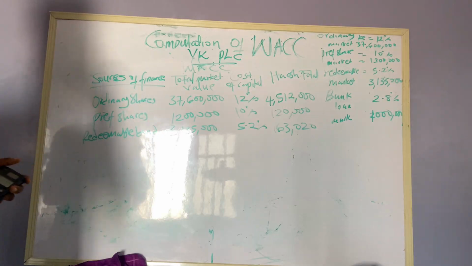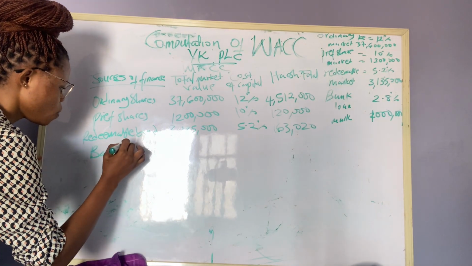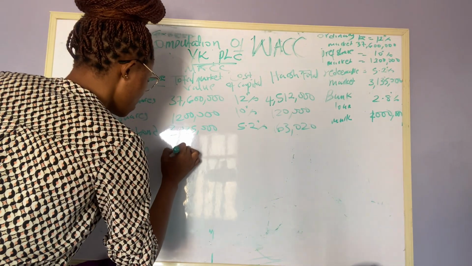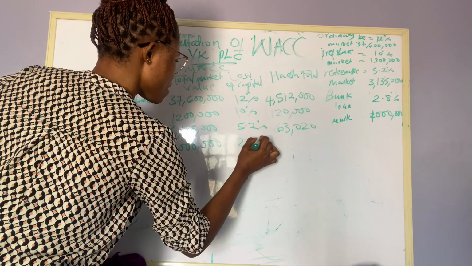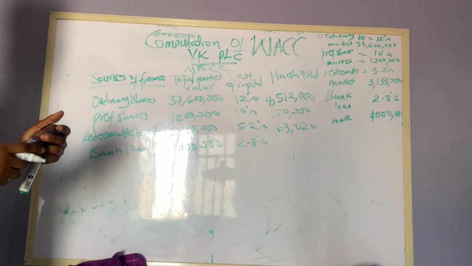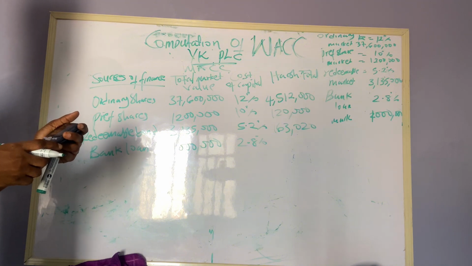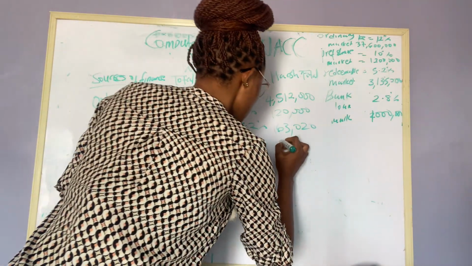The next one is our bank loan. Our bank loan is 1 million, at 2.8% cost of capital, times 1 million. We have 28,000.